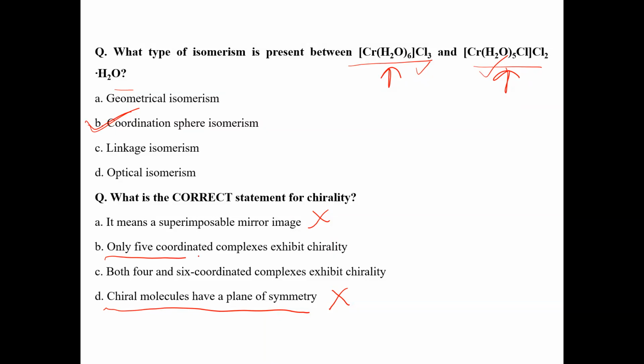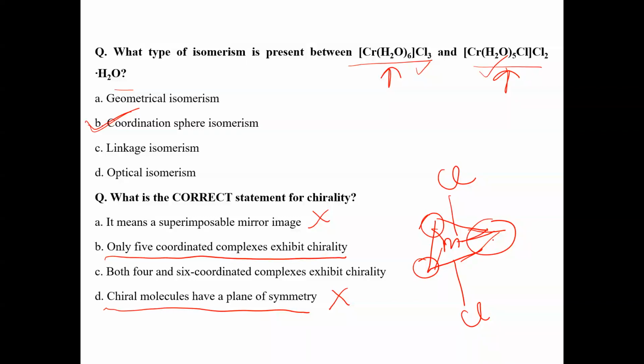Likewise, the statement that only five coordinated complexes exhibit chirality is incorrect. If I talk about the trigonal bipyramidal case, and you have two same ligands, then these three ligands will be in the plane.